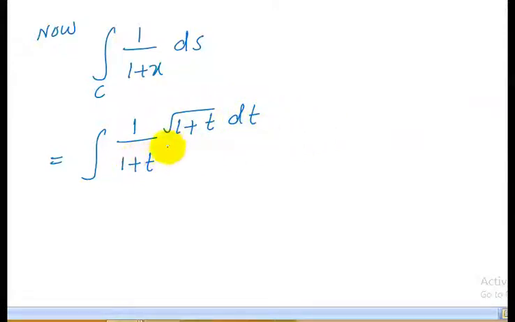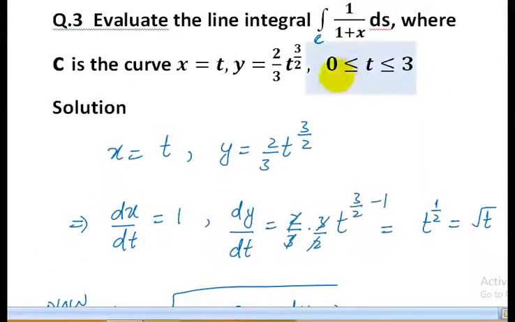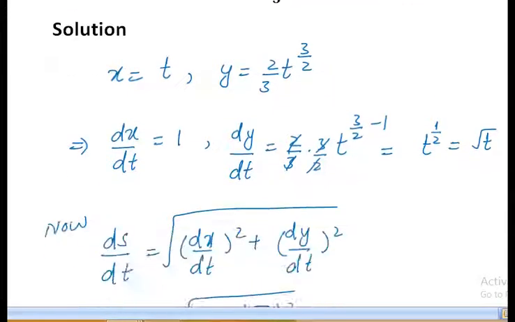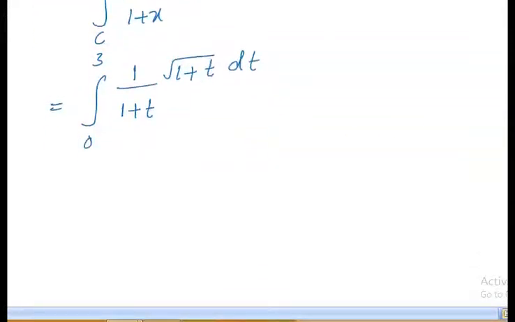As it becomes a function of t only, and we know that variation of t is from 0 to 3, so limit of t is from 0 to 3. Now it has become a definite integral for function of one variable, so now we solve it.